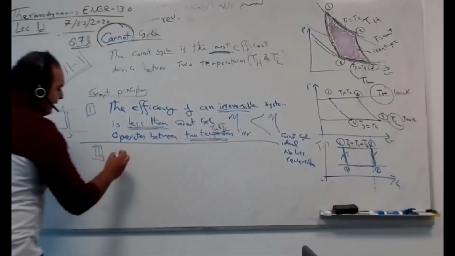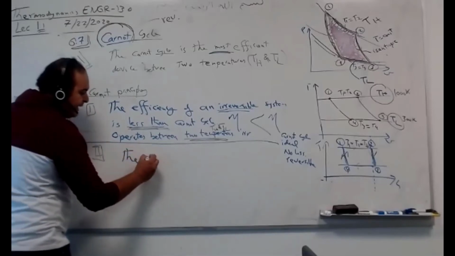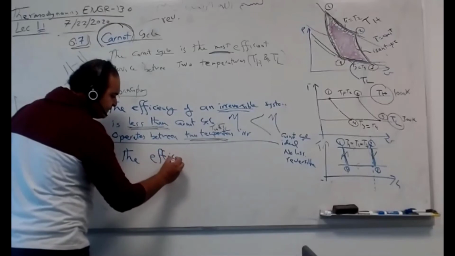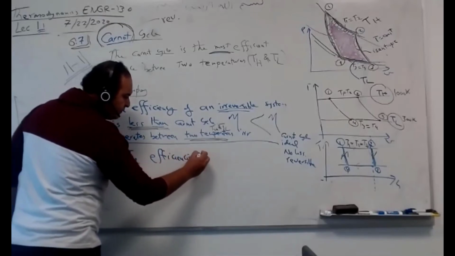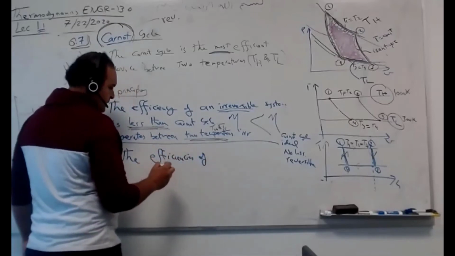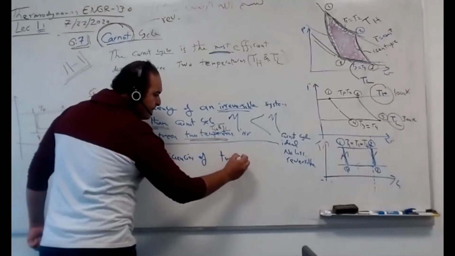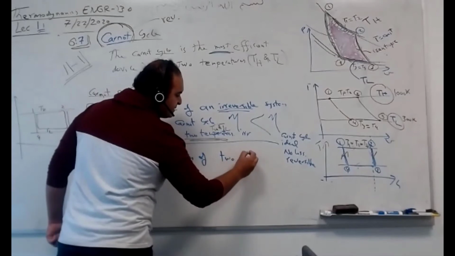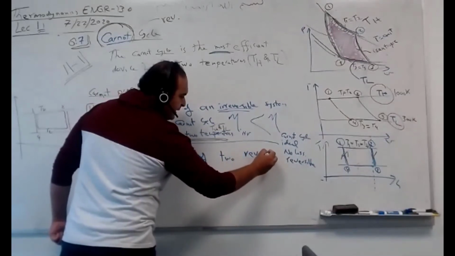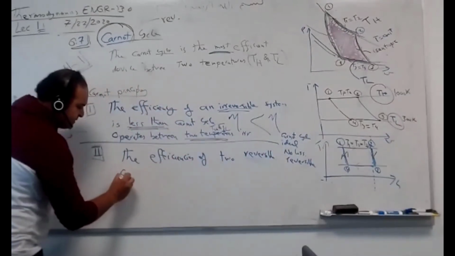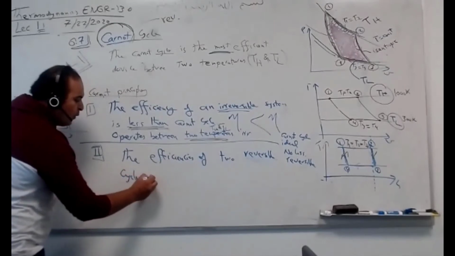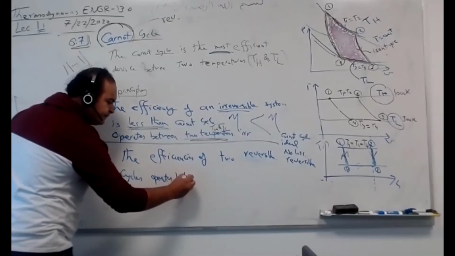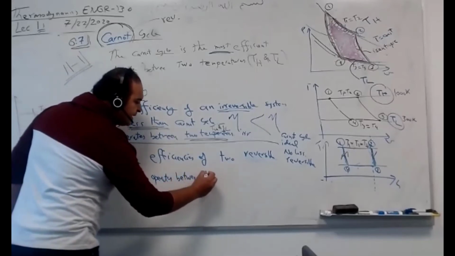If you have the efficiencies, this is the second principle. The efficiencies of two reversible cycles, like Carnot cycles or systems, operating between two temperatures.